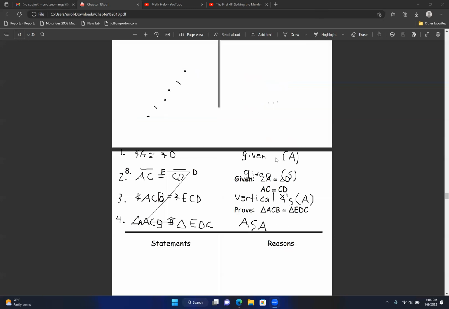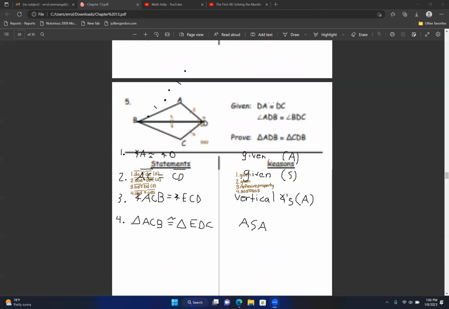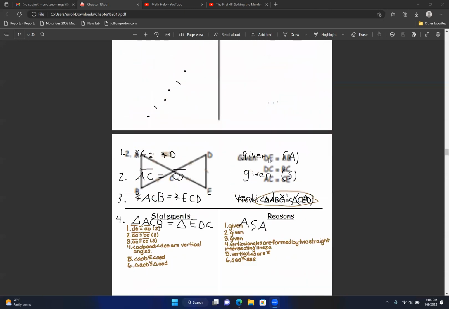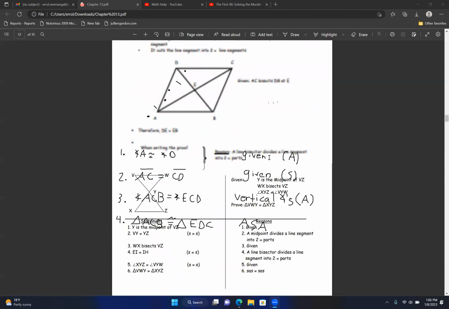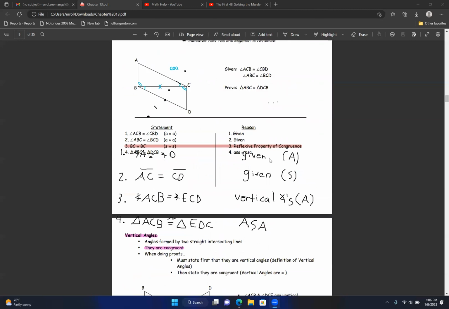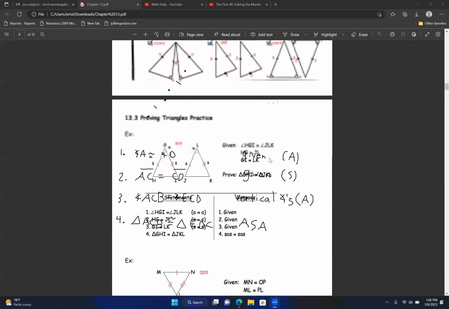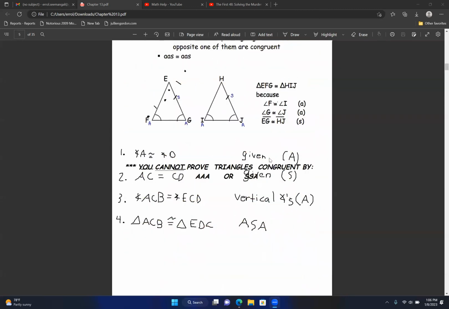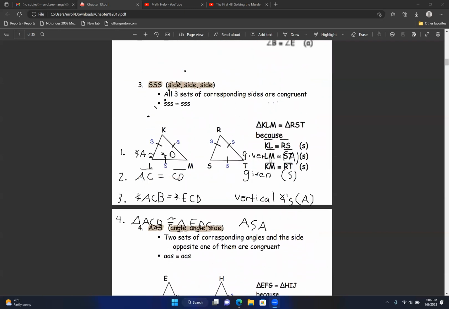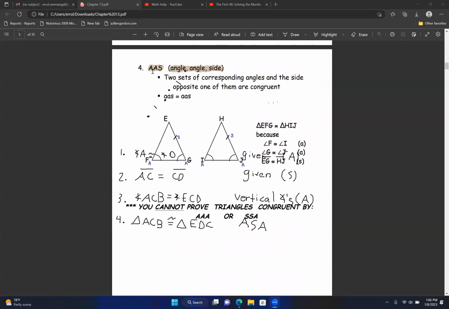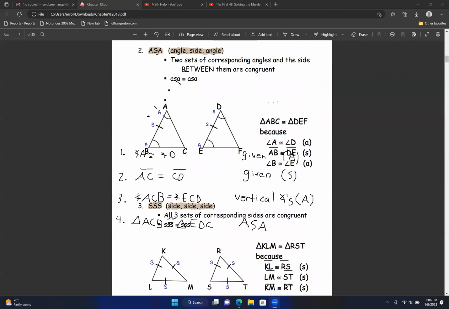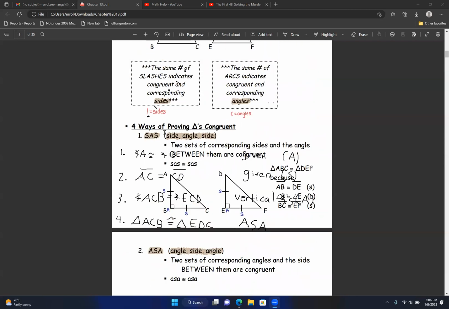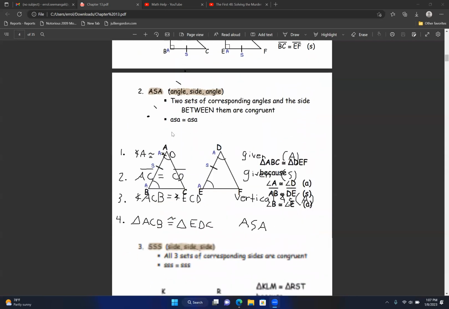It has to be one of these reasons that they mention up top here. They give you the different ways to prove it. Yeah, here they are. AAS, SSS, ASA, the one we have in this example, ASA, or SAS. So it has to be one of those four, okay?